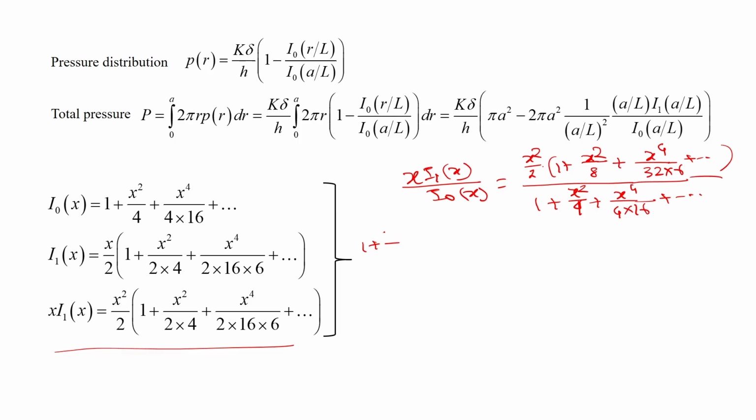1 plus x square by 4 plus x to the power 4 by 64, let us say, this is like this, x square by 2 plus x to the power 4 by 16 plus, I am just multiplying by x square by 2 inside the bracket. So it is x to the power 6 here, and this is 2 into 32 into 6, so it is 12, like this.